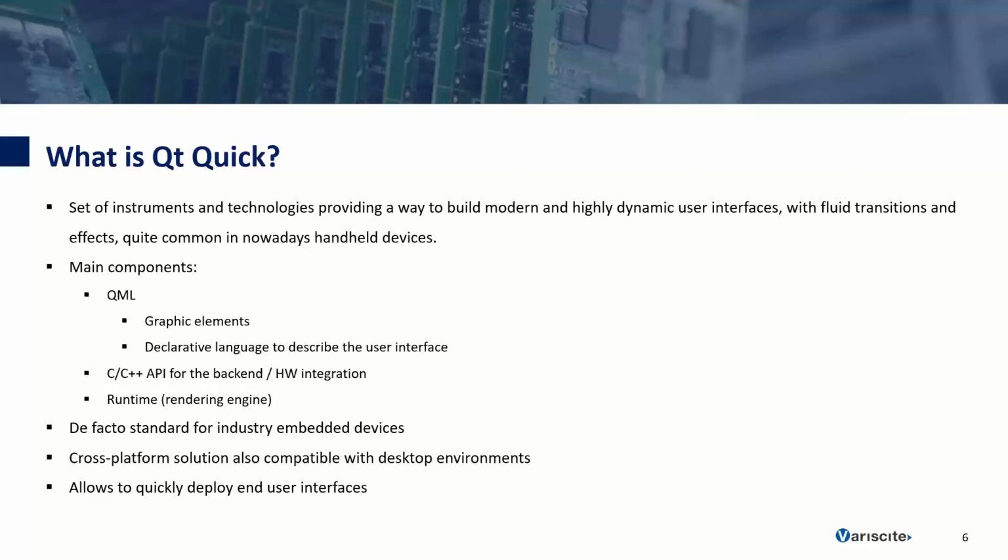This is not a problem for the developer. The developer has a standard interface that describes the graphics, and this is the main focal point of Qt Quick. Also, Qt Quick allows you to quickly deploy user interfaces because of the simplicity of the language.